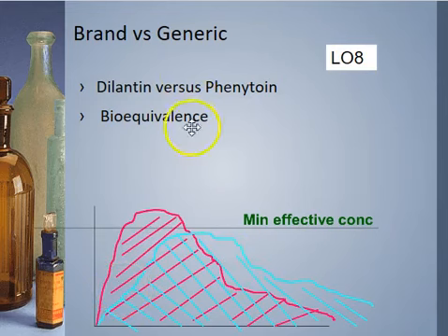This is problematic when patients, especially when insurance companies, try to force patients to go from the brand name Dilantin to the generic form. You have to do plasma concentrations while you transition them over to the generic form. 10 milligrams does not equal 10 milligrams. It might be 10 to 8 or 10 to 12 or something like that.